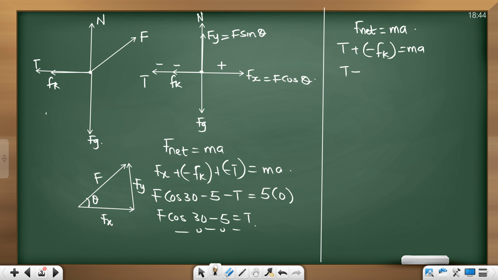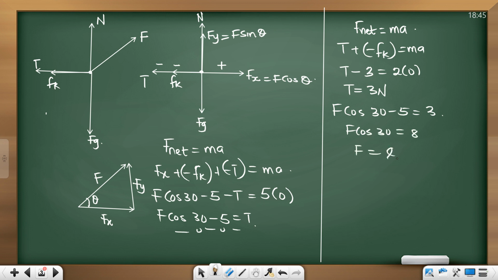What's the friction here? 3. Beautiful. Equals to what? 2 multiplied by 0. All right, so T equals to what? 3. Oh, lovely. Can we then bring it back? F cos 30 minus 5 equals to 3. F cos 30 will be equal to 8. What is F? 8 over cos 30. What's your answer now? 9 comma?